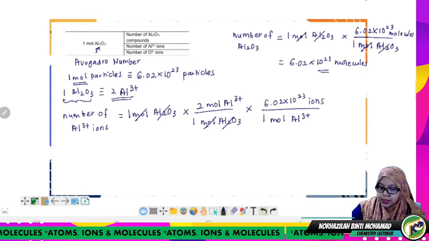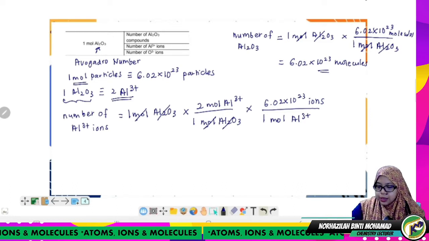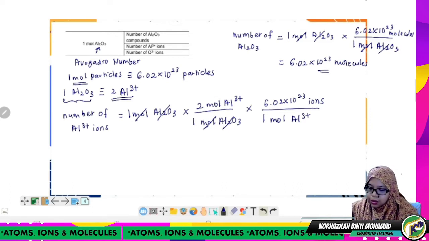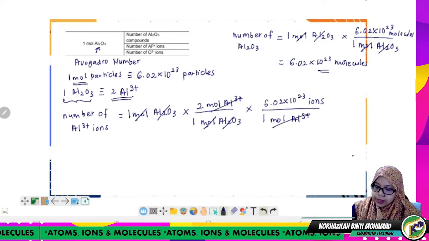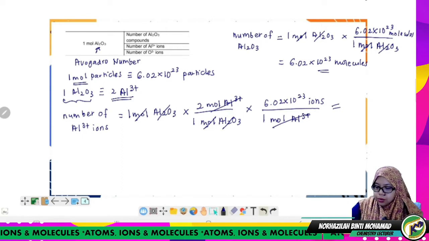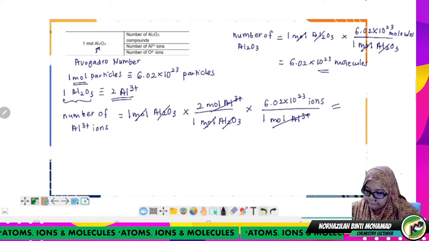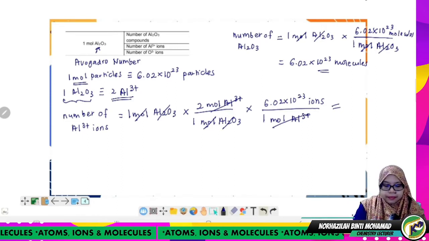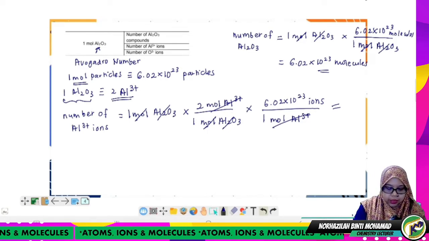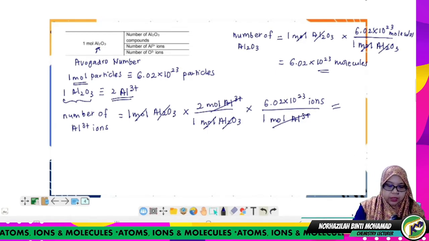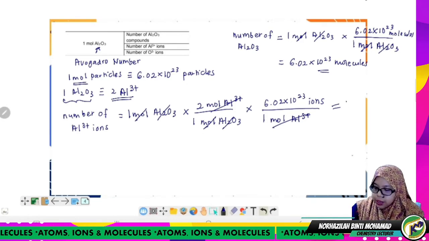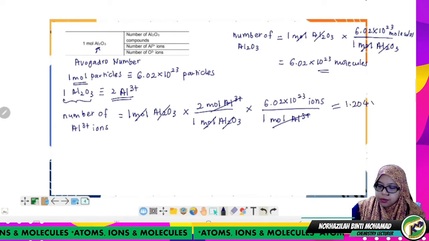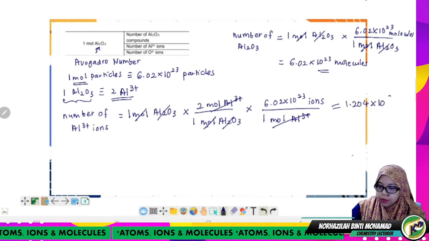Ions. Okay, this is the ion. So the particle here is ions. So we can cancel the unit. So we get 2 times 6.02 exponent 23, 1.204 10 to the power of 24 ions.